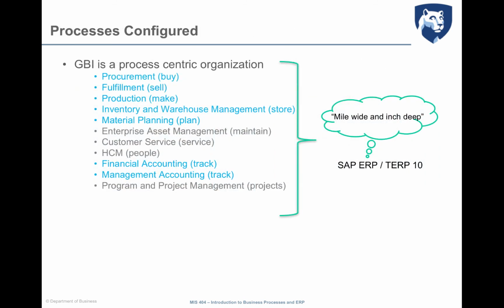Last but not least, as we already talked about, I want to recall that GBI states itself as a process-centric organization. So GBI has a shared service model for all the functions, and this type of model, which is enabled thanks to a centralized IT department, enables the possibility to implement, let's say, a unique ERP version for both the two companies.